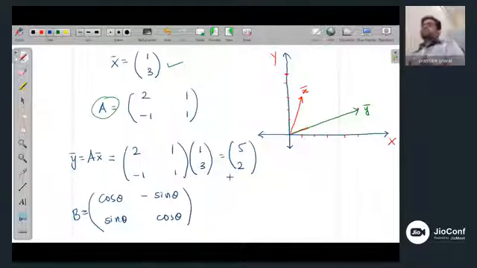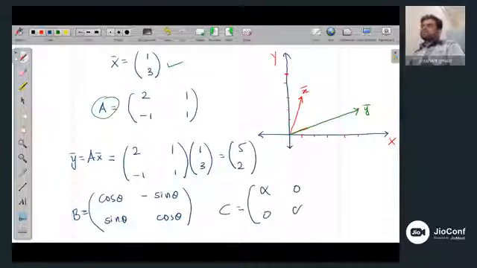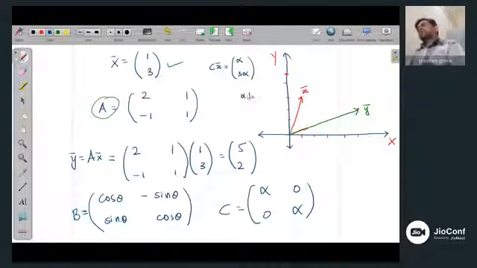And if you want to see the stretching, then you can apply the C matrix, that is alpha 0, 0 alpha. This is how much stretching there is. For example, if I apply this C matrix onto this 1, 3 vector, the resultant is alpha, 3 alpha. Suppose the value of alpha is 2, then the resultant vector will be 2, 6.